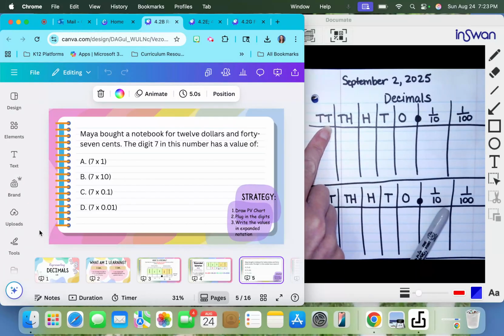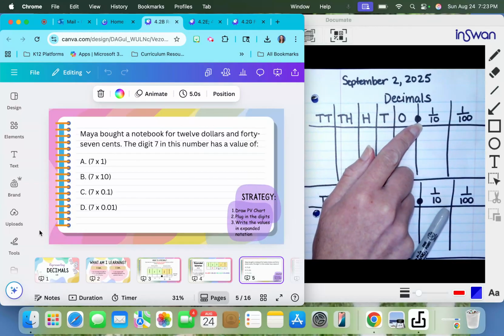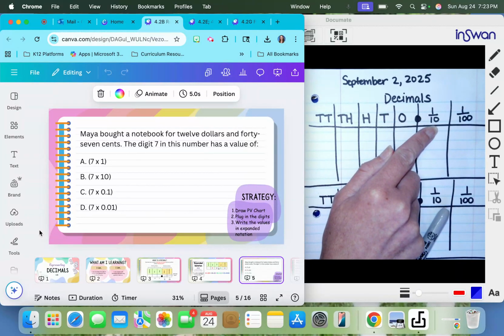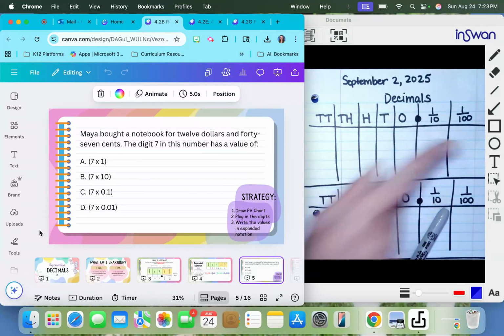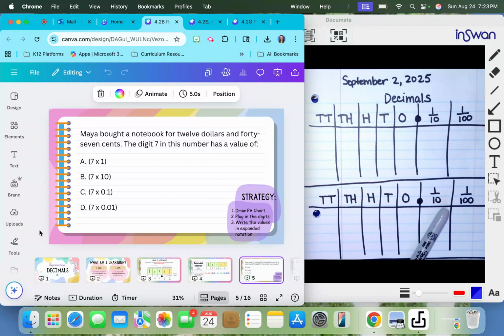But when you are working with numbers, if you come across a number in the 100,000s place, you just add that in to your place value chart. You'll notice that I represented my decimal point in my place value chart, and then also my tenths and my hundredths. All right, and so let's take a look at our first question here.